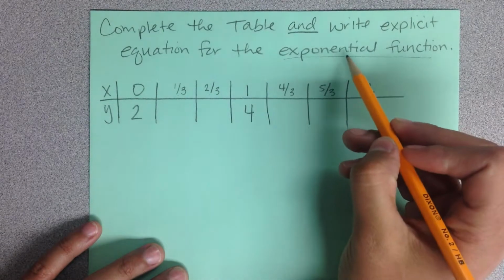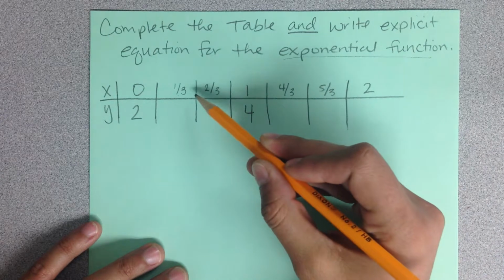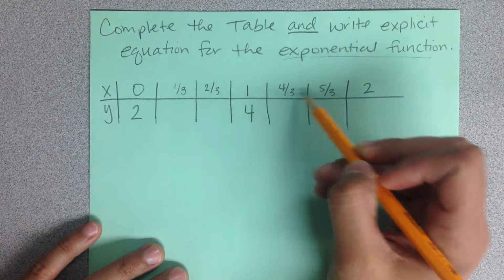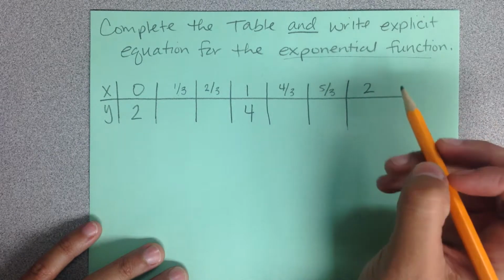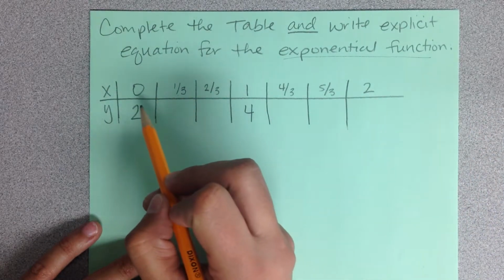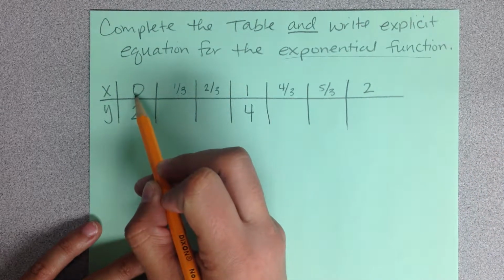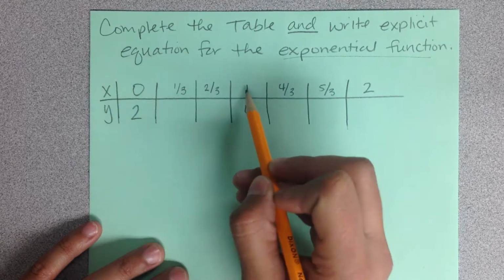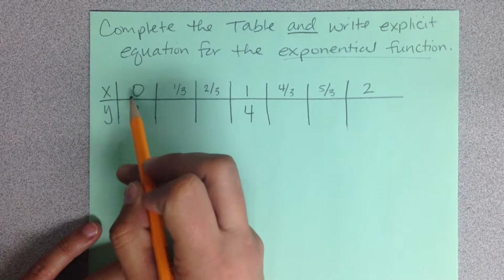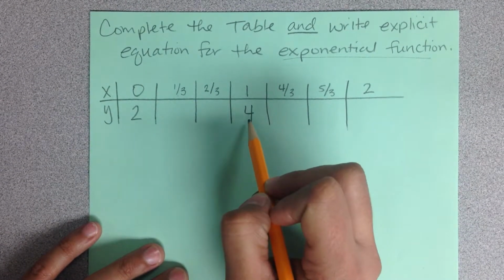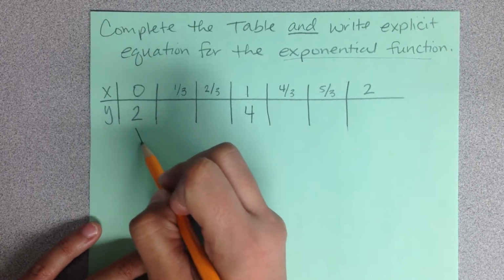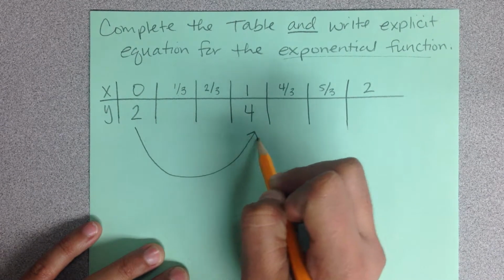So knowing that it's an exponential function and knowing that we're going to have fractions in our exponent, we know we're going to need radicals. So first, let's fill in the table from the whole numbers. When x is 0, 1, and 2, let's fill in those. So we know when x is 0, y is 2. When x is 1, y is 4. So you want to find out between whole numbers, what was the jump we made?